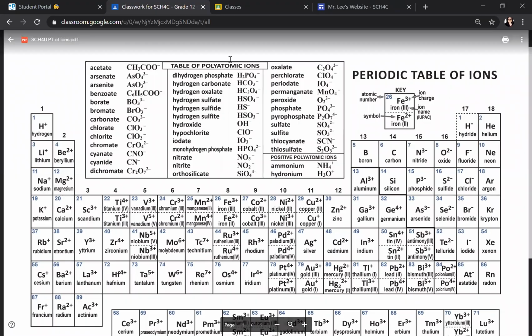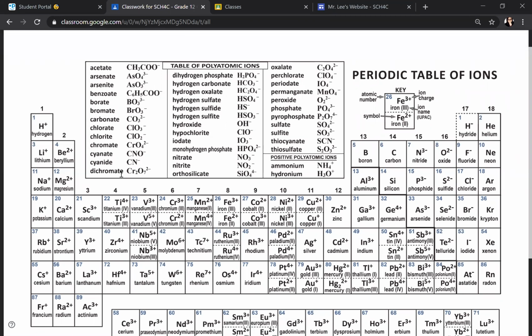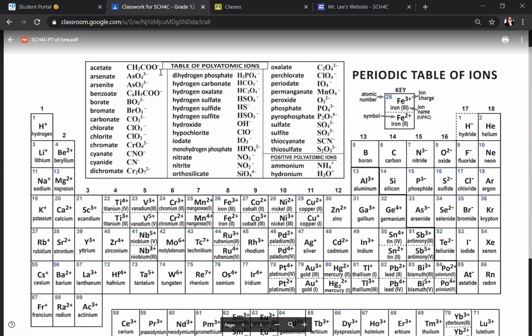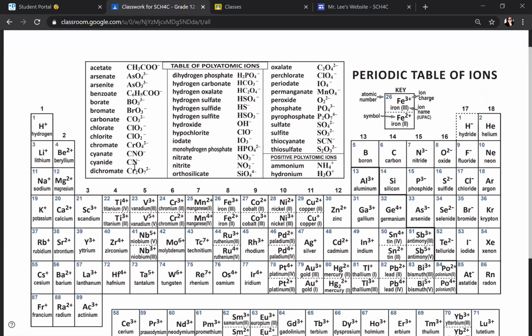Where you see this table above, this polyatomic ion table lists everything that you have with more than one atom and a collective charge. So you have something like acetate, for example, with a total -1 charge, or, let's say, cyanide, CN-, or the dichromate ion, Cr2O7 with a -2.